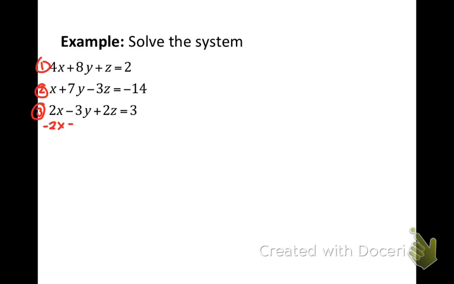So negative 14y positive 6z equals negative 14 times a negative 2 would be positive 28. So when you combine 3 with your new line, we get negative 17y plus 8z equals 31.